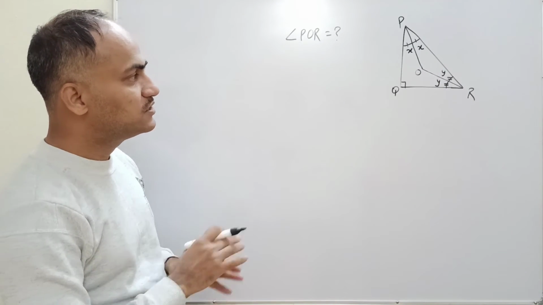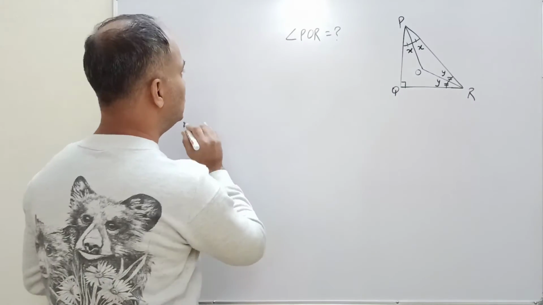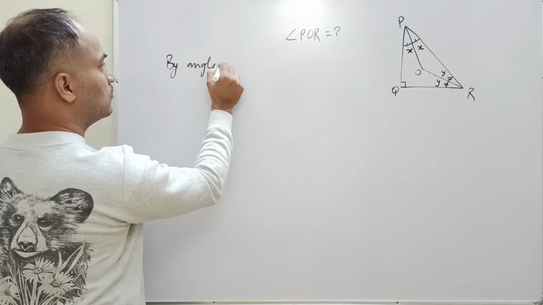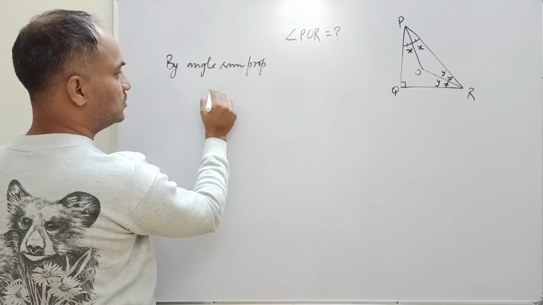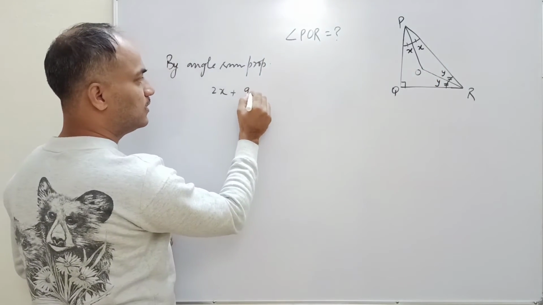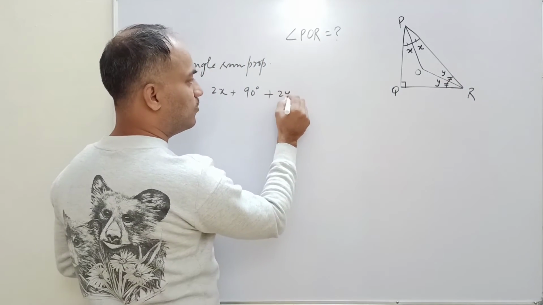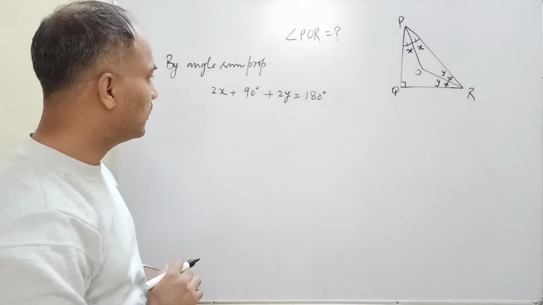Now we have triangle PQR. By the angle sum property, 2x, this is angle P, plus 90 degrees, that is angle Q, plus 2y. How much is this? This is 180 degrees, the sum of all the angles of a triangle.